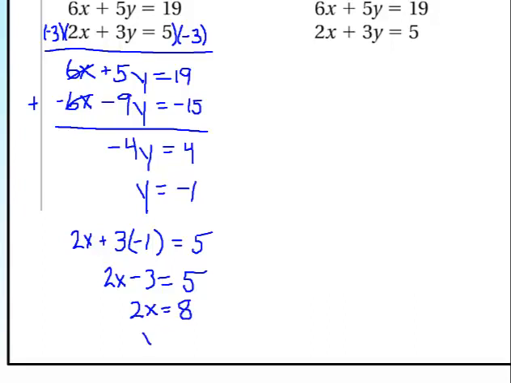Divide both sides by 2, and x is equal to 4. So my two values for x and y: x equals 4, y equals negative 1. We summarize the problem by writing the ordered pair (4, negative 1).